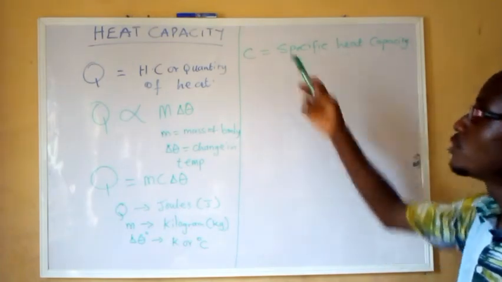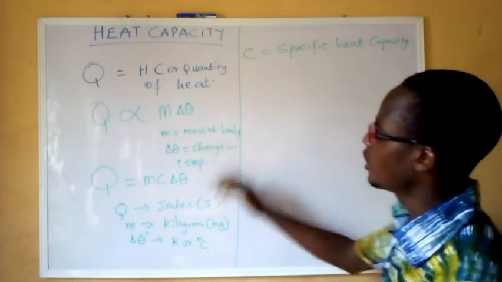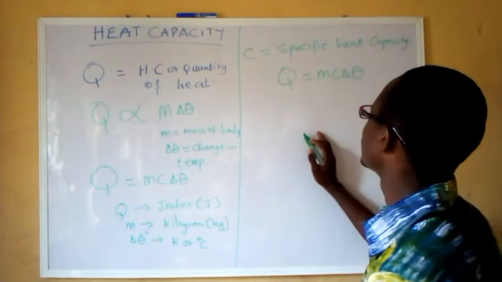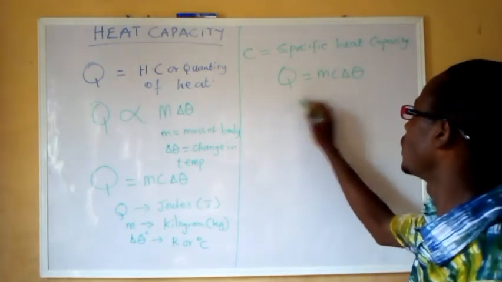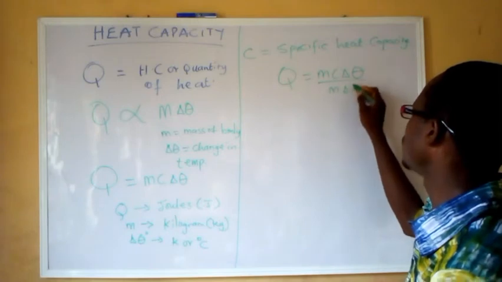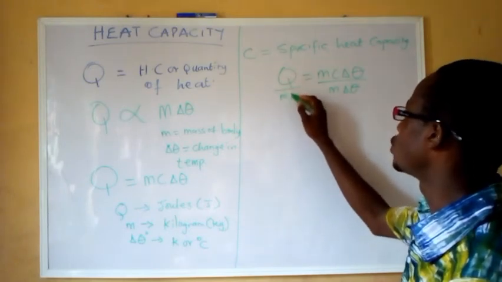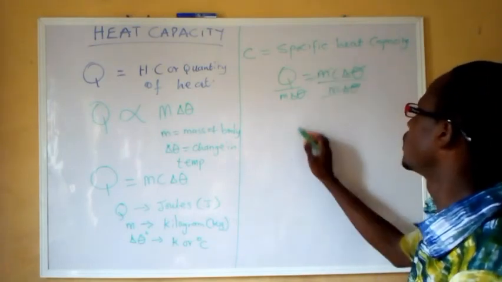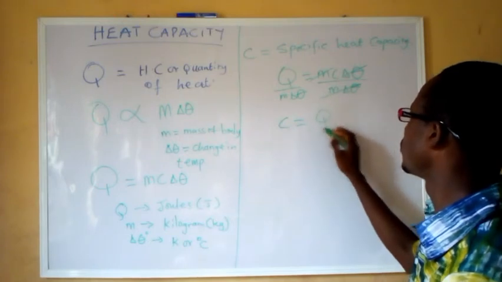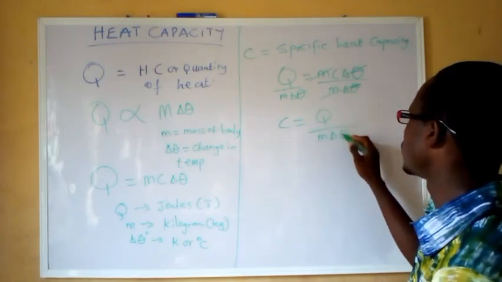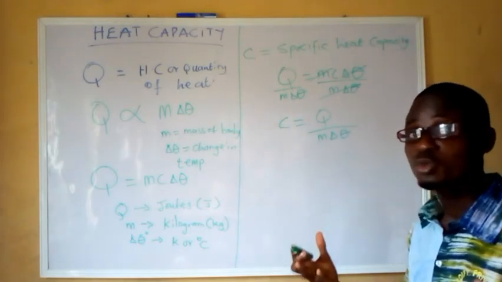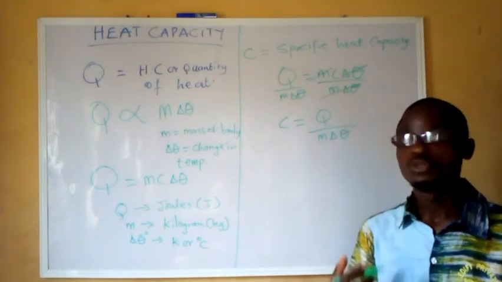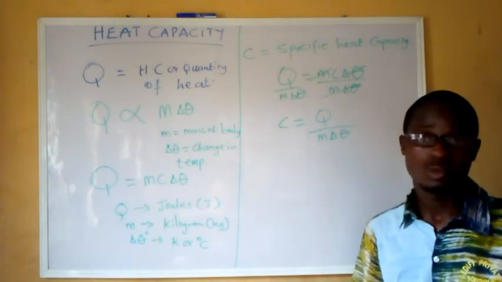So let us derive a unit for this constant. From this expression, Q equals MC change in theta, I can make C the subject of the formula by dividing both sides by M change in theta. Then C will be equal to Q all over M change in theta. From here I can get the unit. That is how sweet physics is, because once you know the formula for a particular quantity, you would be able to deduce the unit as far as a derived quantity is concerned.